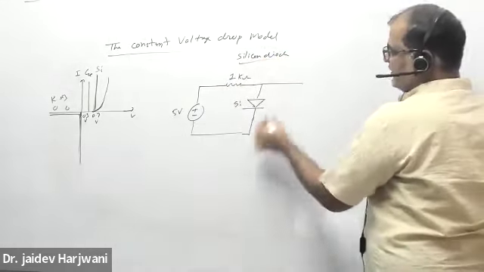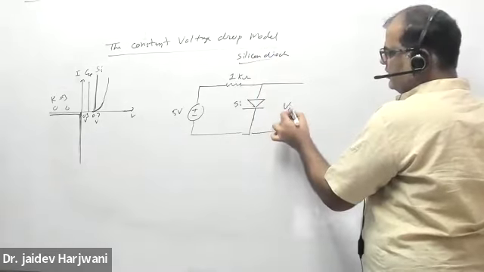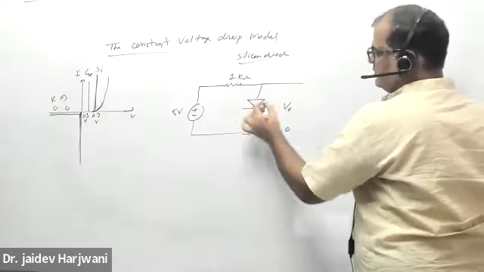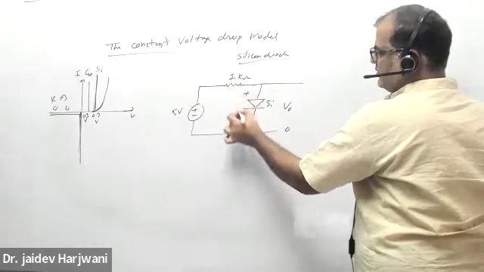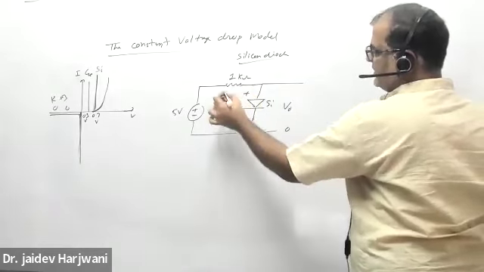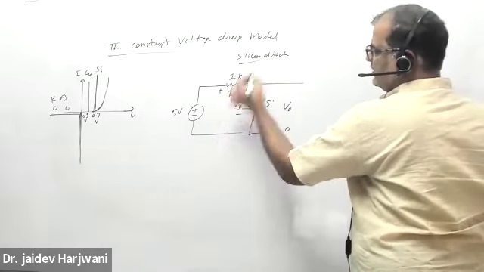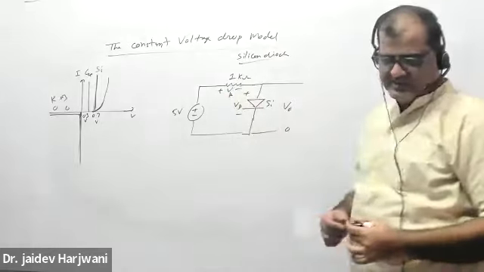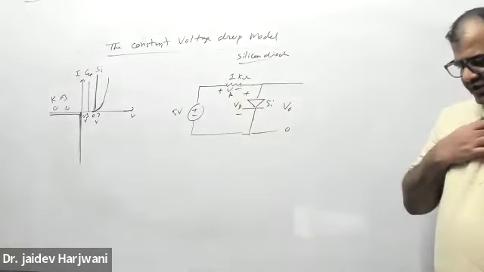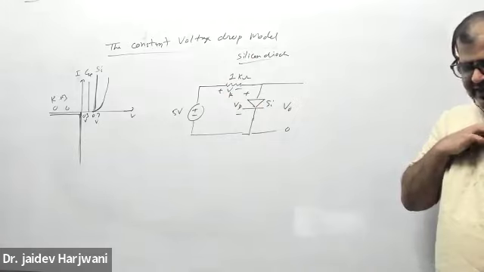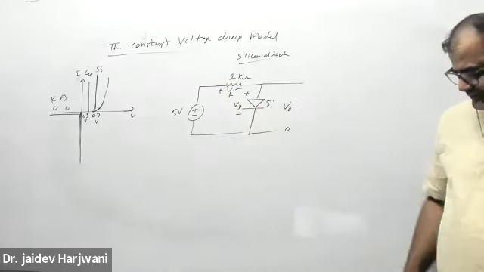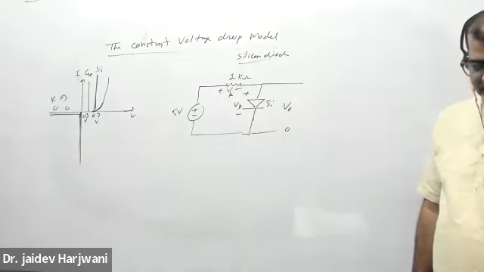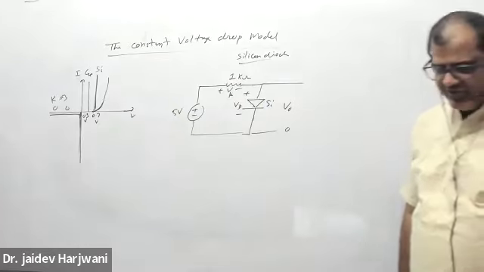You tell me what is V naught, VD, VR. Tell me the value. Find the open circuit voltage, and whether the diode is forward bias or reverse bias.